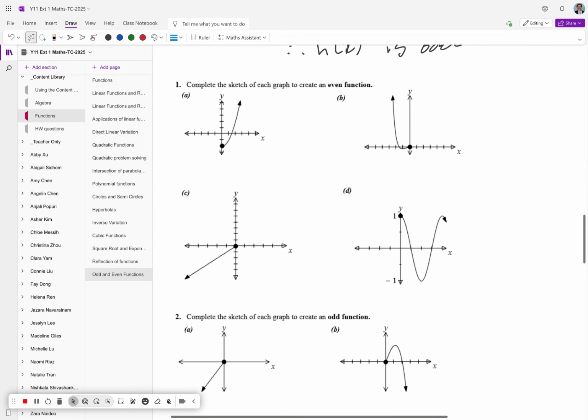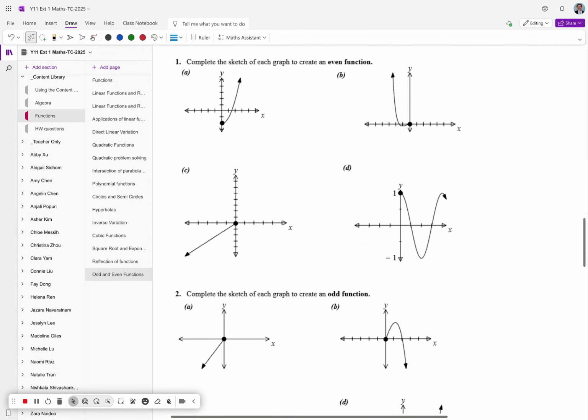Now we can also use the properties of even or odd functions to sketch. So here it says complete the sketch so each graph is an even function. Even functions are symmetrical about the y-axis. So I'm going to choose some mirror points here. This is somewhere between 1 and 2, so I'll put a little point there, and there will be another mirror point over here somewhere.